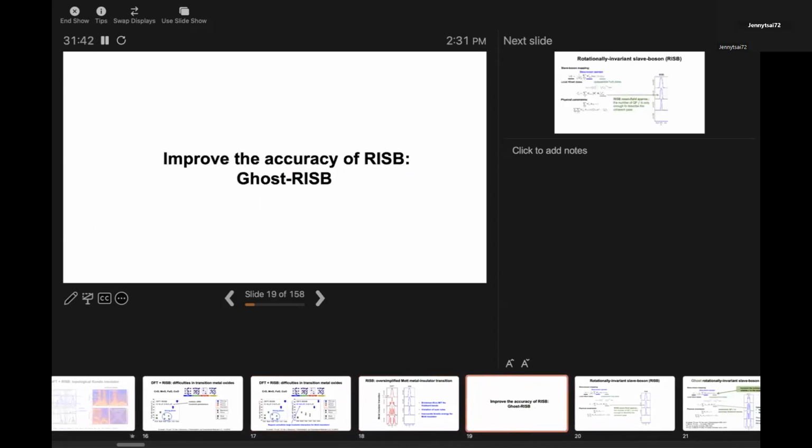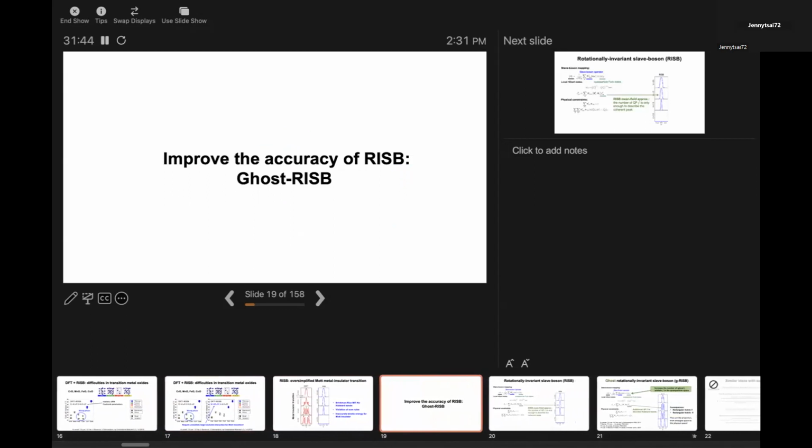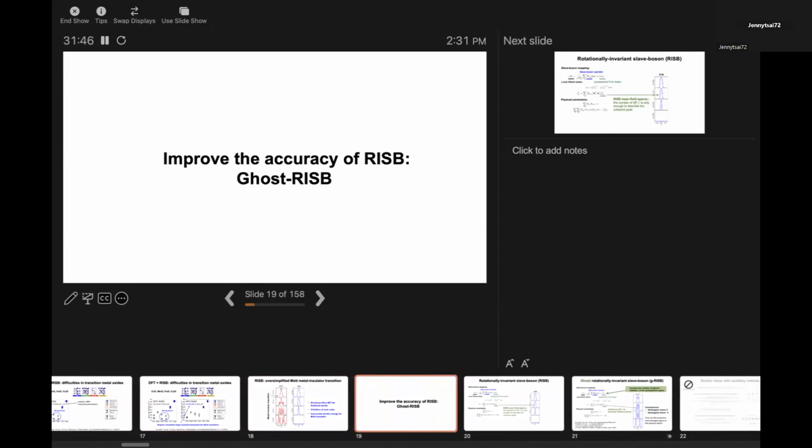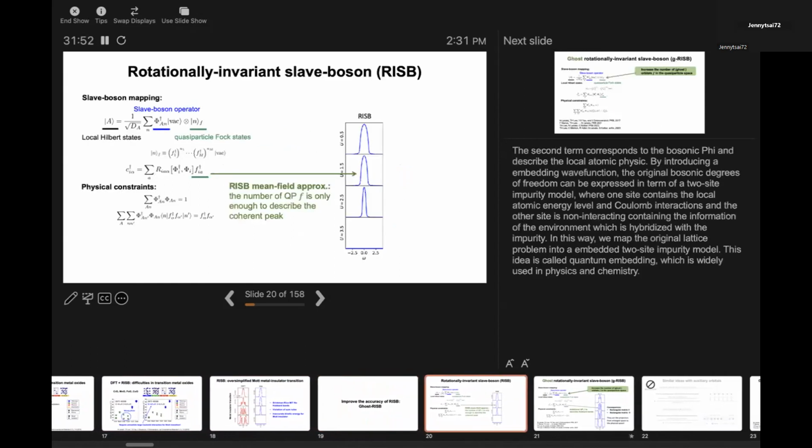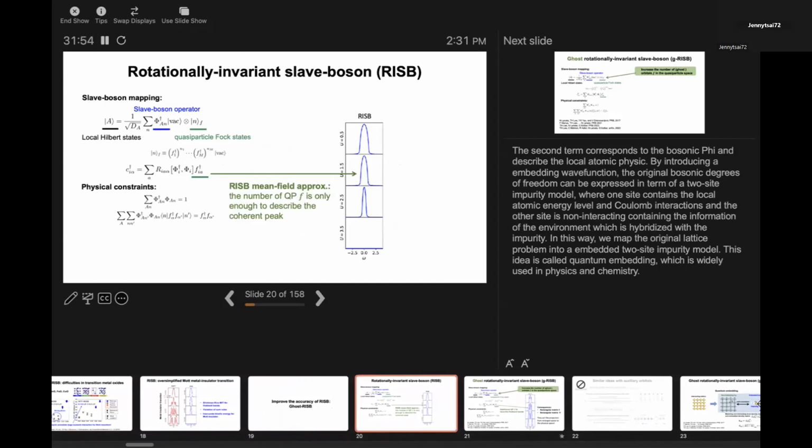So now this leads to our recent work, where we try to use this ghost RISB approach to improve the accuracy of the RISB approach. Previously, the quasi-particle fermion and the electron have the same number of orbitals, and the R matrix is a square matrix.